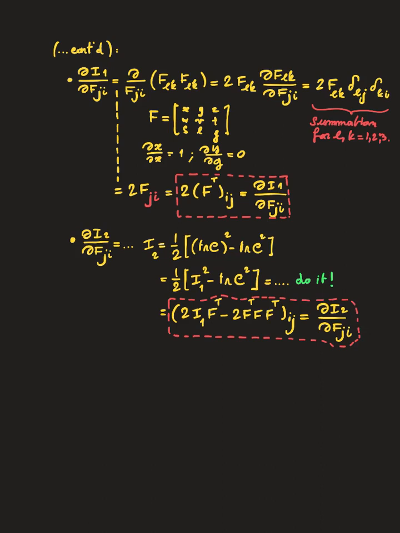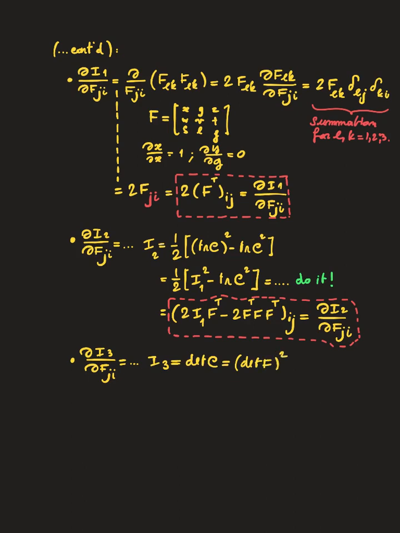Now the third and last part is in fact the derivative of the third invariant relative to Fji. We need all these three items. Now what is this? Well, I just remind you that the third invariant is the determinant of C, which by the way is nothing but the determinant of F squared.